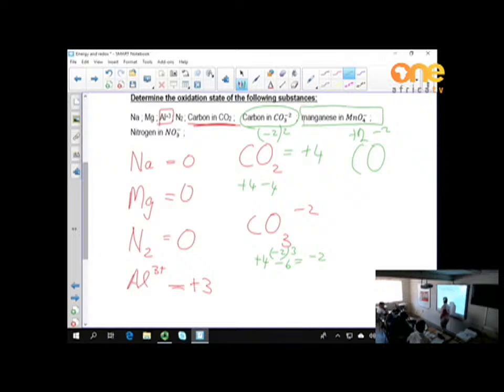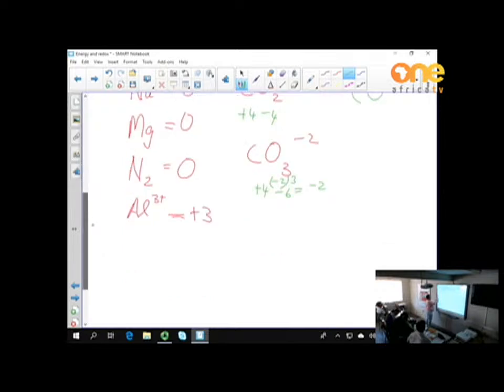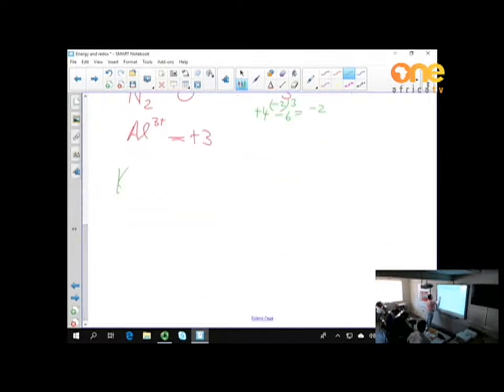Now the manganese in the manganate, potassium permanganate, KMnO4, the permanganate ion. That's the purple stuff that makes the water purple. MnO4 has a charge of -1.